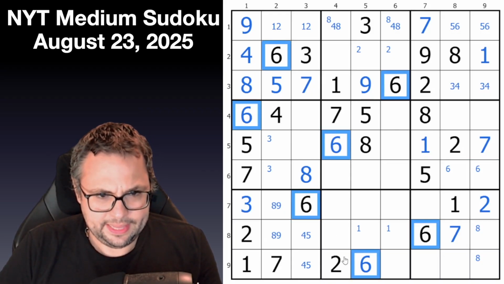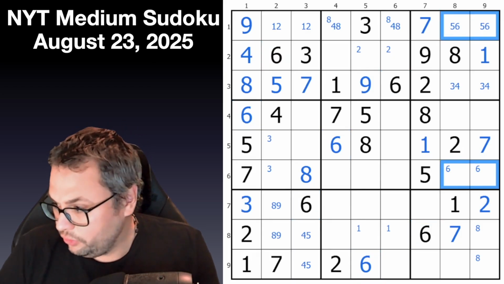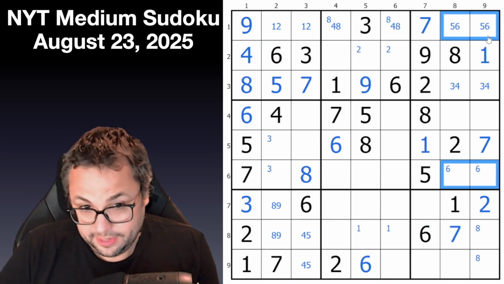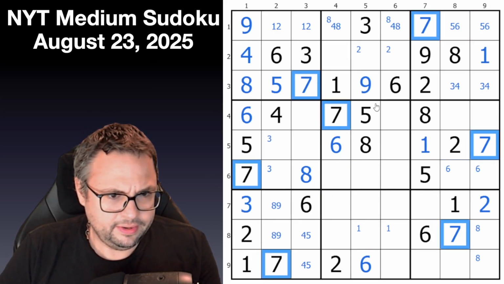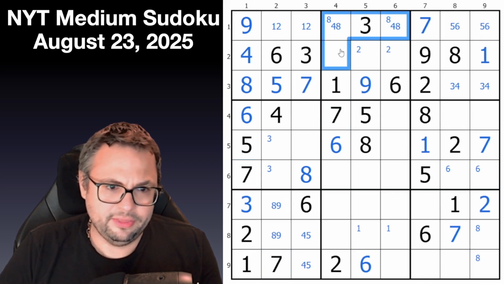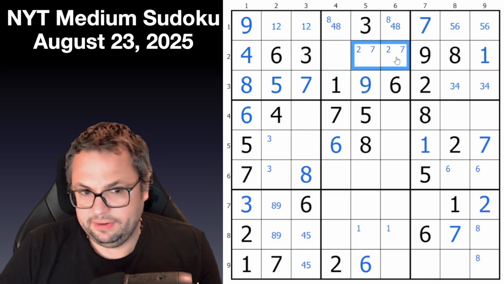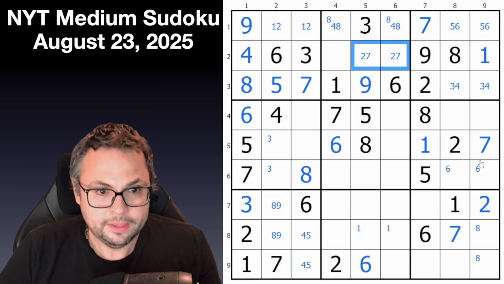So we get that, and now we've got our two 6s left to place in these cells. Let's see, we've got a 7 looking up into this box, which together with all of this other stuff means that the 7 is in one of these two, and so these are a 2-7 pair.